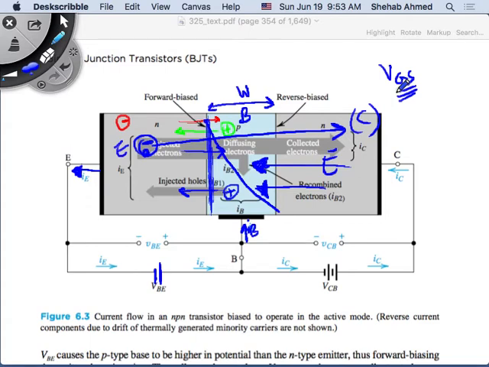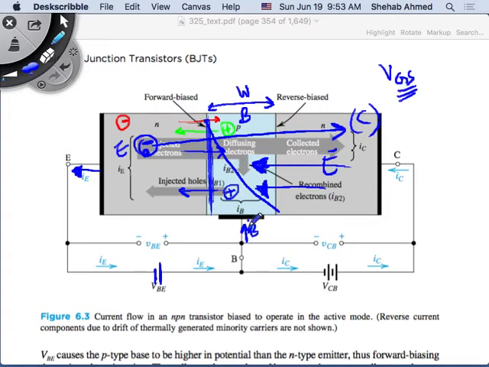When you've created the channel, that's it. You have enough charge to create a certain channel thickness. You are not drawing more current. Capacitors, as soon as you charge them, they don't consume more current, right? You've consumed some current to charge the capacitor plate, but then you just have voltage across the capacitor.